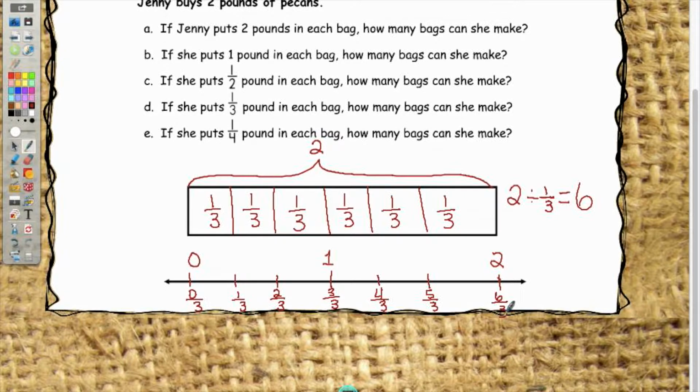So 6 copies of 1/3, right? Okay. Now I want to do 1/4, and then I want to show you how this relates. Well, I'll show you that in a minute. I'm going to show you how it relates to multiplying fractions, but not yet. Okay, so let's change it to 1/4. You get your set up, I'll get mine erased.